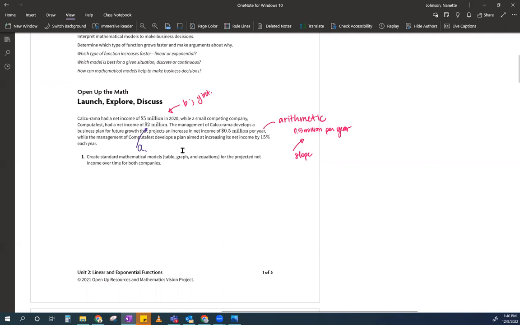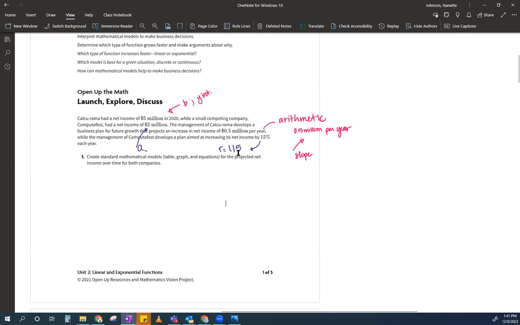You guys all said that ComputerFast was geometric. Very nice. Yes, very good. So someone says, Ms. Johnson, if I take this is my r and it's 1.15. Very good.